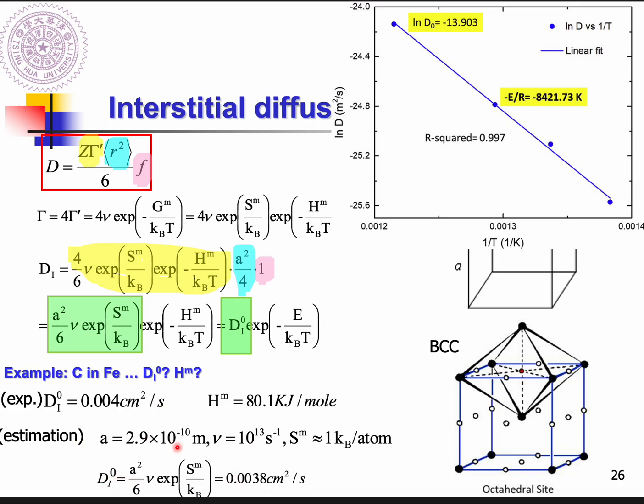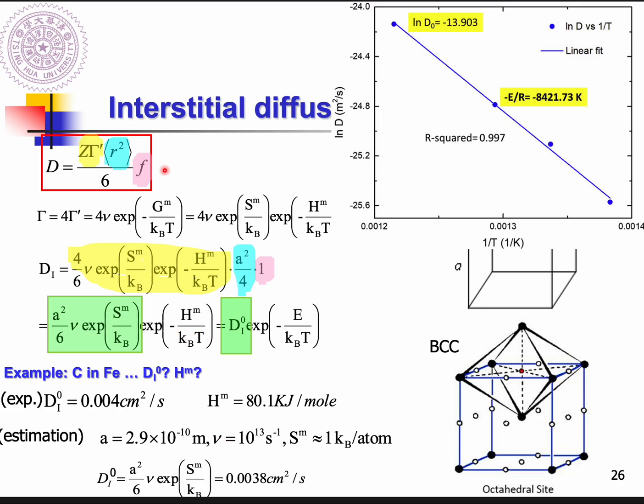So compare the results between the estimation and the experiment. The results are consistent, right? Which implies that by performing the experiments, we have a chance to accurately estimate the D0 and also the migration energy or enthalpy of your materials.